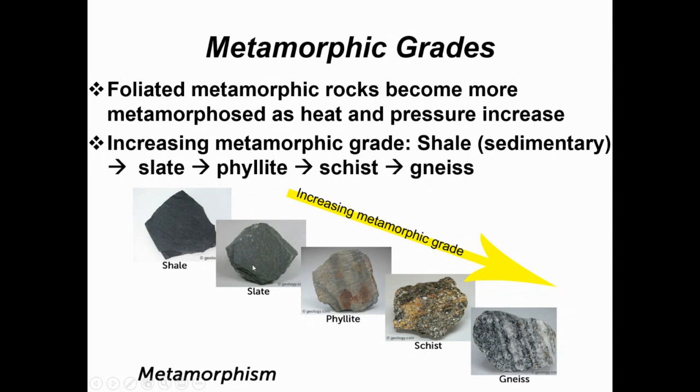Shale is sedimentary, but slate is basically metamorphosed shale. So you add some heat and pressure to shale, you'll get slate. Add some more, you get phyllite. Add some more, you get schist. Add some more heat and pressure, and you finally end up with gneiss. So that's what the metamorphic grades mean.